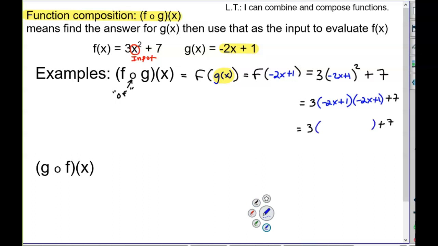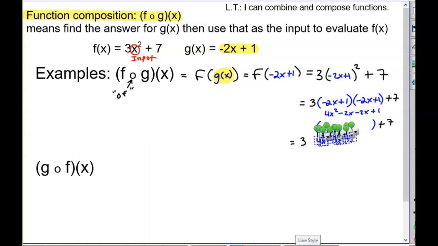And I'm just going to FOIL out that blue part. I did it pretty quick, but I just FOILed it out, and then I had my two middle terms as my like terms.